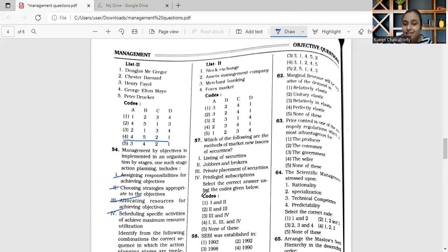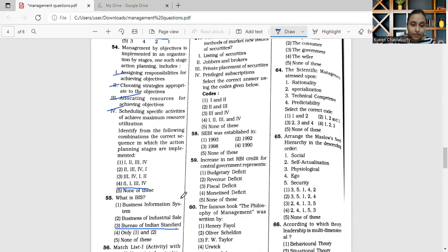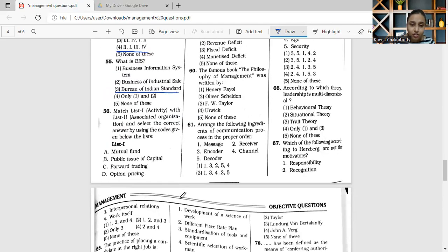Merchant banks act as intermediaries whose main job is to transfer capital from those who own it to those who need it.